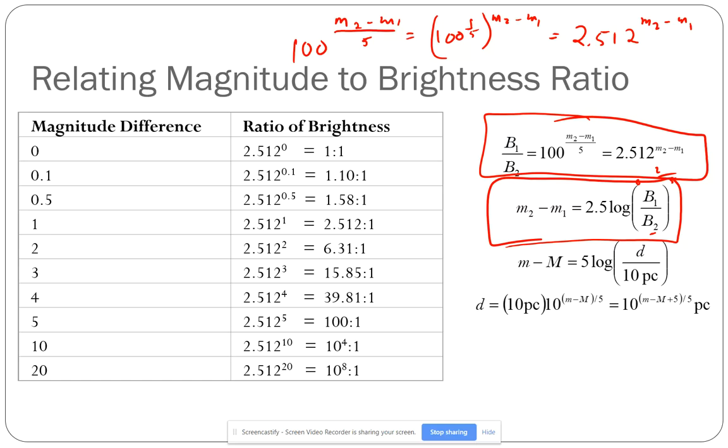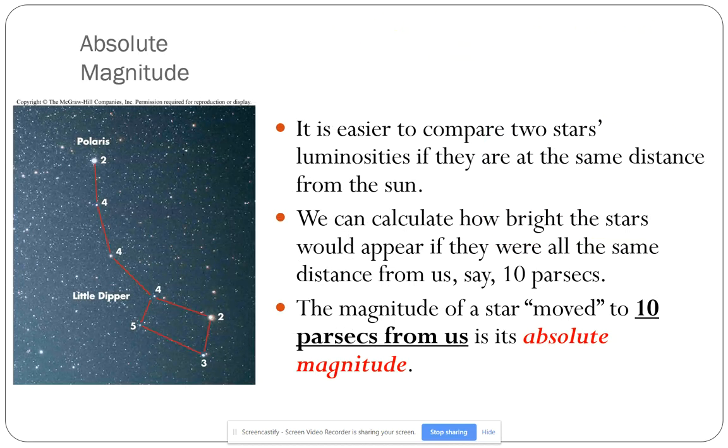Now, I told you I was going to go back, and so I will go back now. The relative magnitude is the magnitude that we see on Earth. The absolute magnitude is a different idea that's telling us about the luminosity. The relative magnitude tells us about the brightness, how bright a star is on Earth. The absolute magnitude tells us about the luminosity, how much light it gives off.